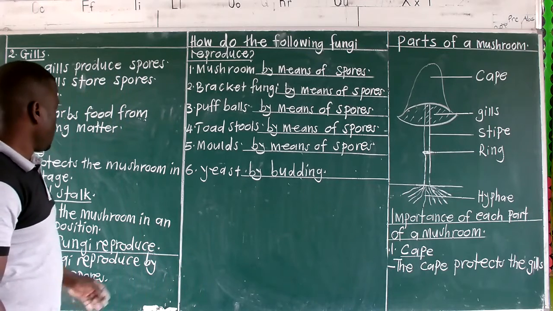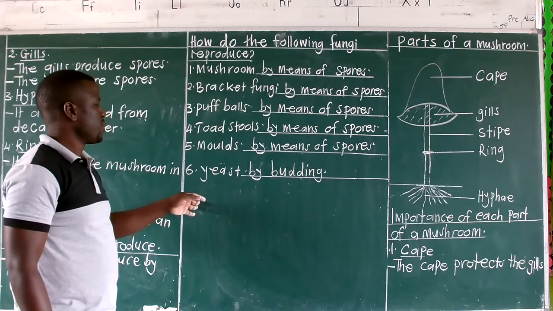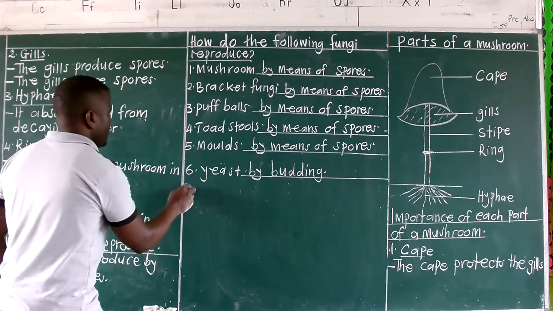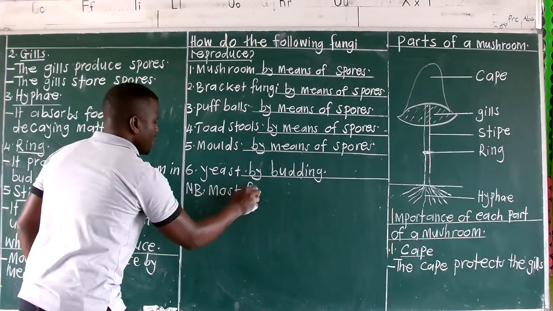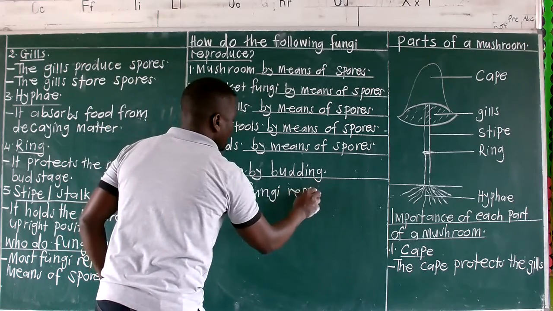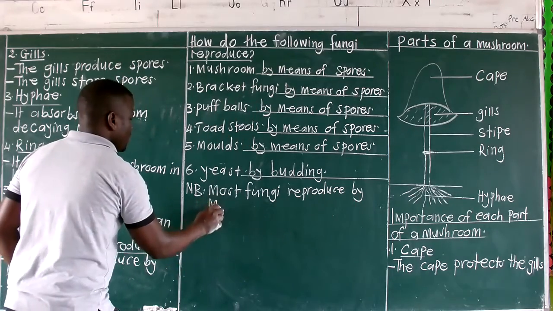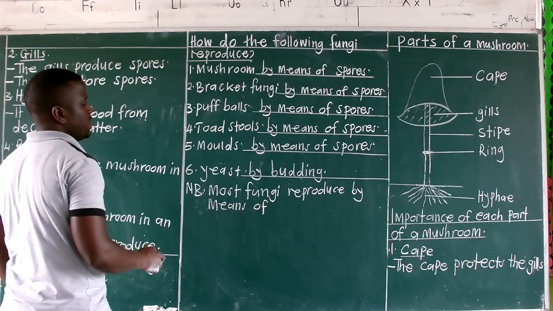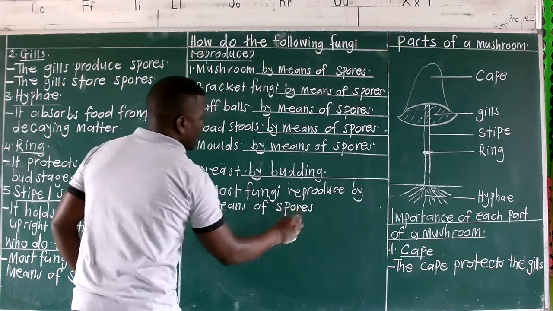So we can say most fungi reproduce by means of spores, apart from yeast, which reproduce by means of budding.